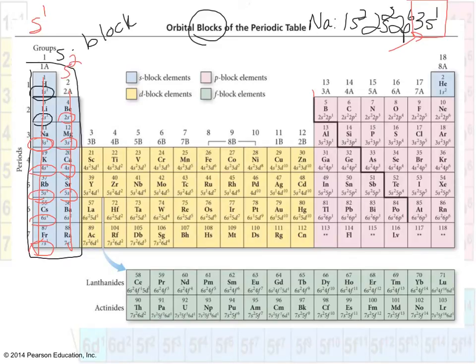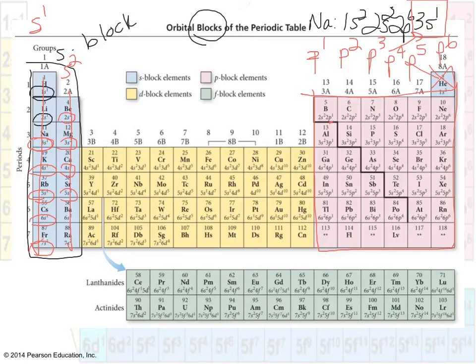The P block. Okay, helium's just weird. It doesn't really belong anyplace. The P block, all of them in group 3A end in p1. Group 4A, p2, then p3, p4, p5, and p6.